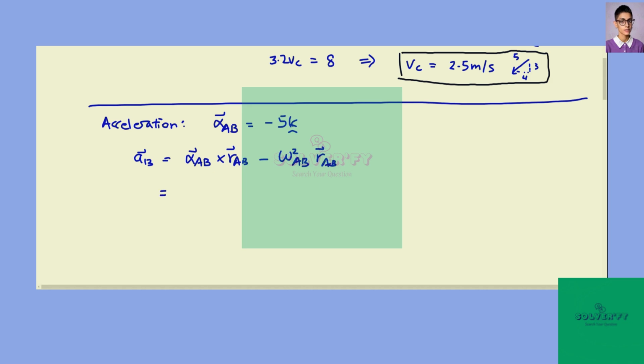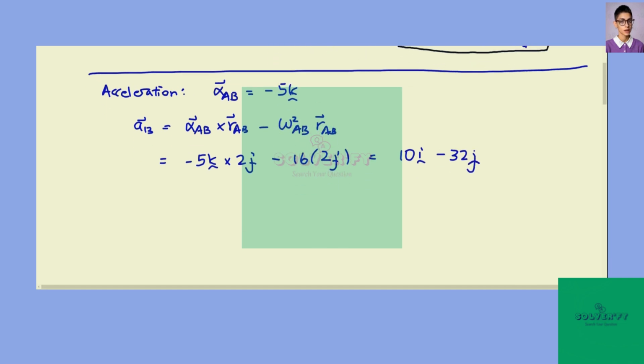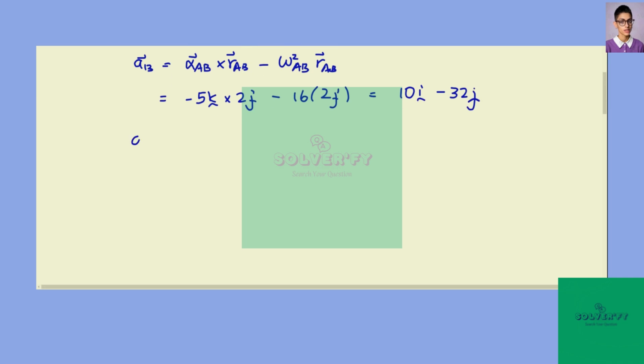So this is minus 5k cross 2j minus 16 times 2j. So we get 10i minus 32j. Then we use the relative acceleration equation. aC equals aB plus alpha BC cross RC relative to B minus omega BC squared times RC relative to B.